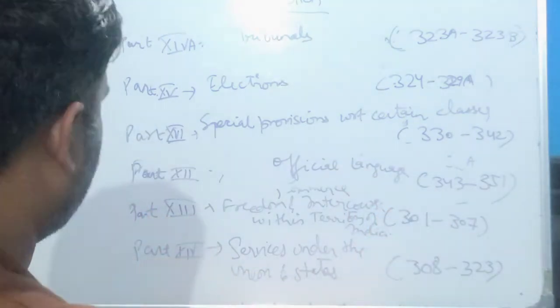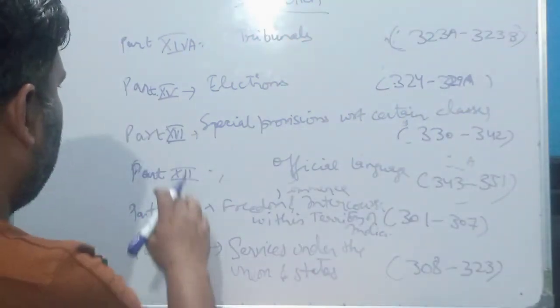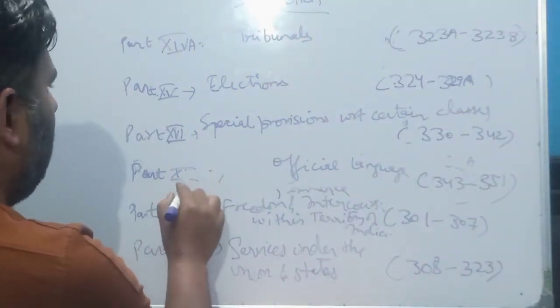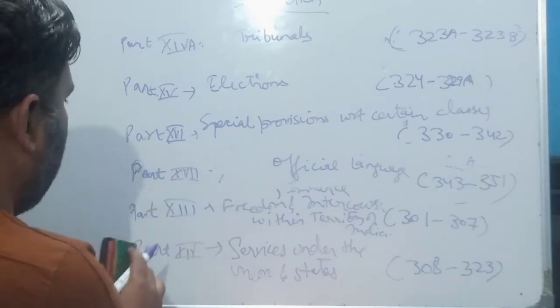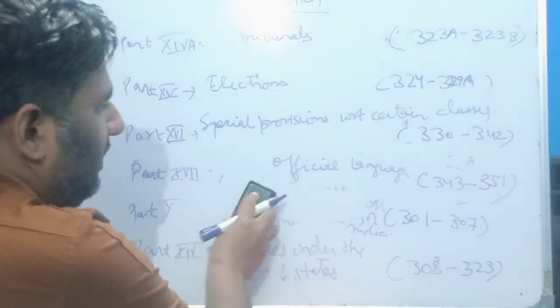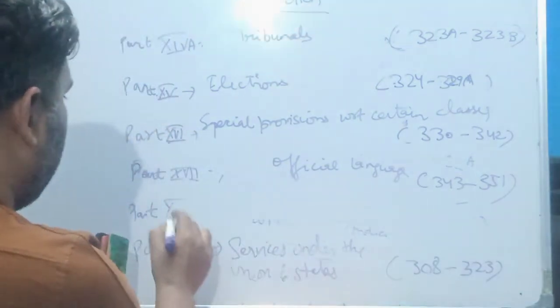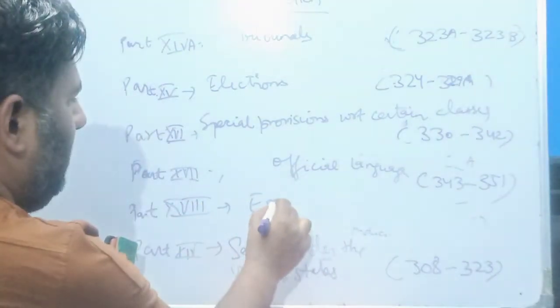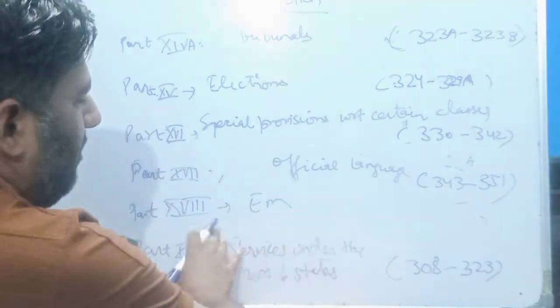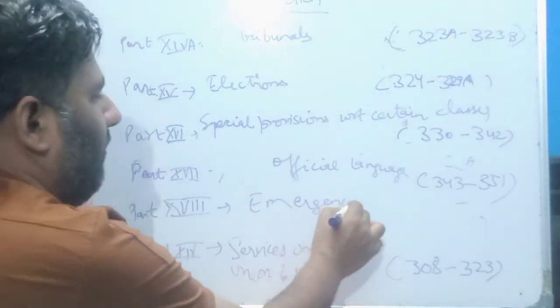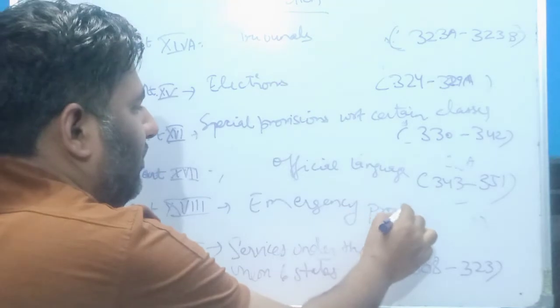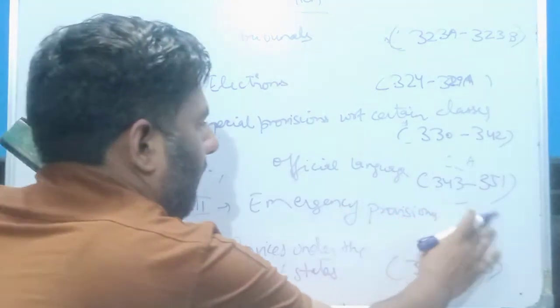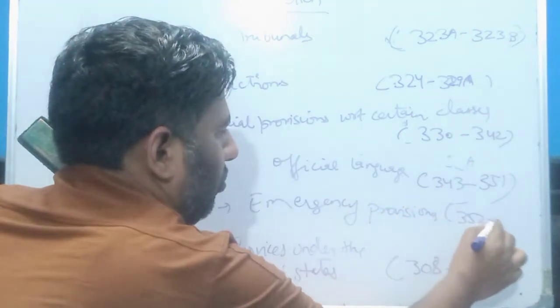So this is part 17. Then we have part 18th, emergency provisions, 352 to 360.